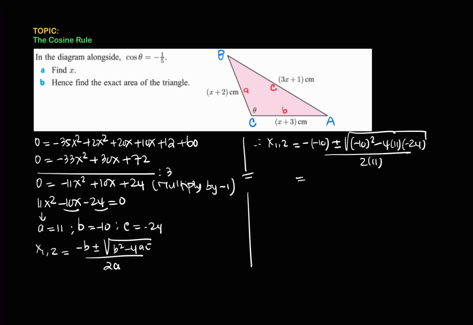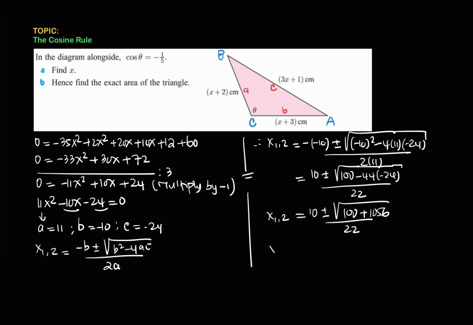So this is 10 plus or minus the square root of 100 plus 4 times 11 times 24, all over 22. So x1,2 equals 10 plus or minus the square root of 1156 over 22. The square root of 1156 is 34.